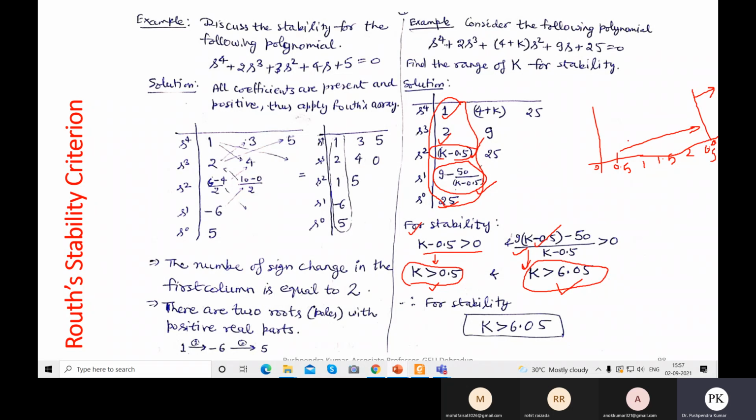So what should be the final condition? That k should be greater than 6.05.